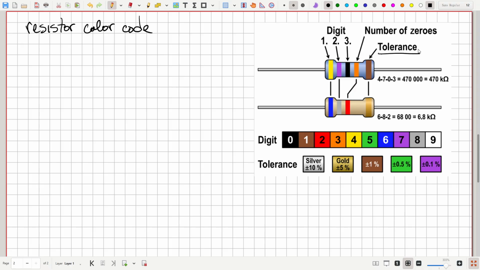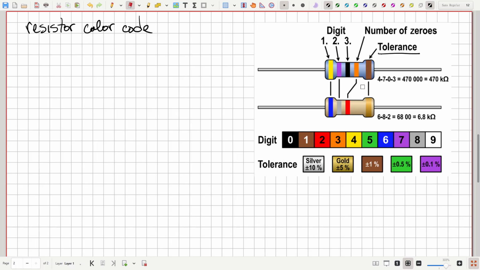So for lower cost, we could go with this lower resistor here that has on the right a gold band, which is a plus or minus 5% tolerance. If we want more precise resistances, we could pay more. And up here, we've got a brown band, which indicates plus or minus 1%, and we can go even finer precision at greater cost.